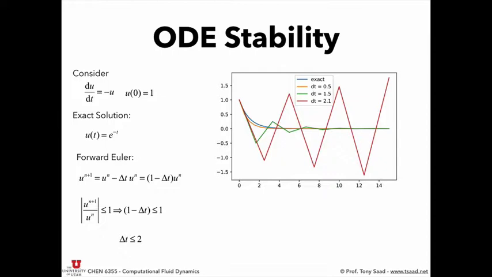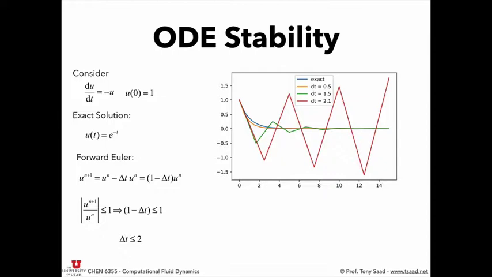Then for the green line, I picked delta t equal to 1.5. It is still less than 2, but look at it: it is oscillatory, but then decays. So this line is still stable, but is not really an acceptable solution.